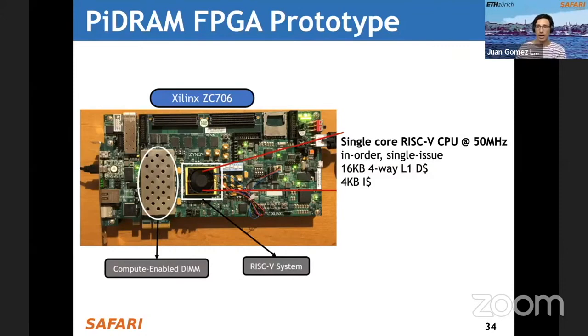Remember that AXDIMM places an FPGA, a reconfigurable fabric of some sort, near the memory ranks on the DIMMs. One thing that the authors of that paper did in order to obtain realistic performance measurements was to scale down the frequency of the system, right? So I was thinking, while listening to you, would it be possible to apply a similar strategy here in this FPGA DRAM platform, like for example, reducing the DRAM frequency heavily?